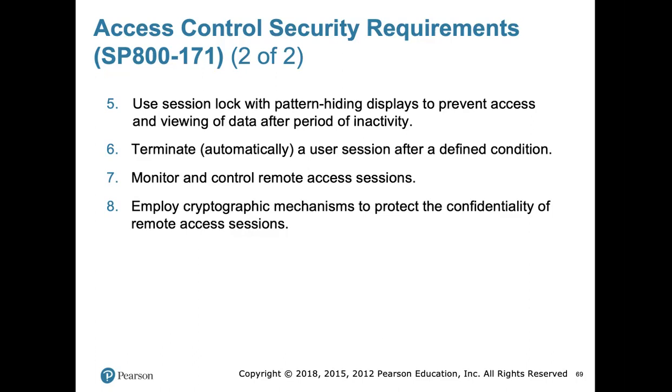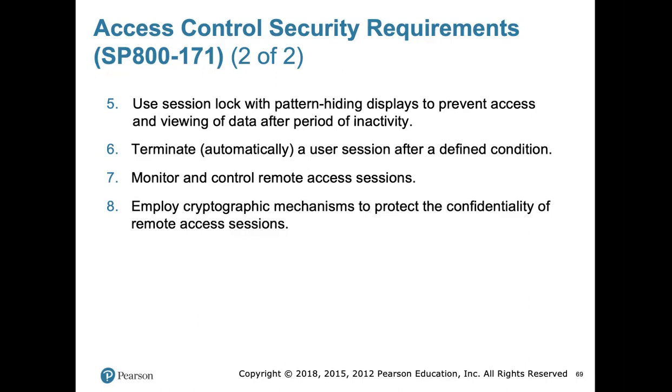Another security requirement that we may expect from an access control system is monitoring remote sessions or remote accesses, which is of course good for remote users and remote access control. And the last one I have here, number 8, is employing cryptographic mechanisms to protect the confidentiality of remote access sessions.